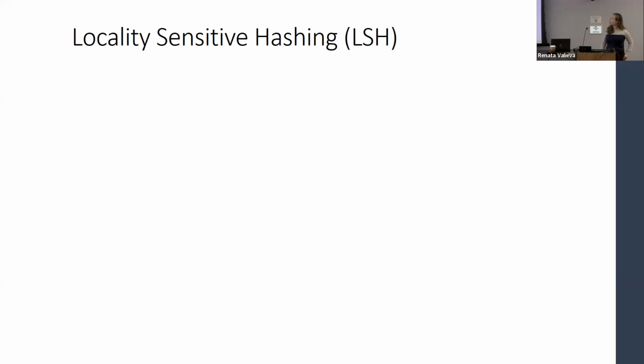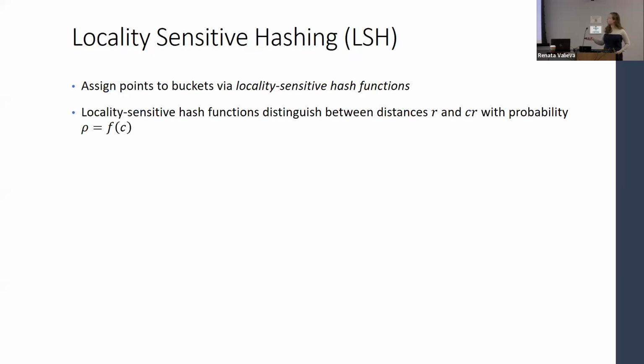Okay. So locality-sensitive hashing is a method that works in theory. And it works by assigning points to buckets via locality-sensitive hash functions. These are hash functions that are capable of distinguishing between distances r and c times r, with probability rho, which is proportional to some function of c.